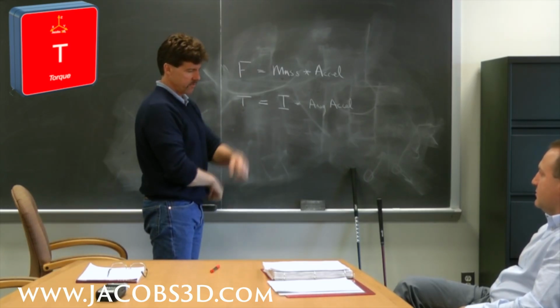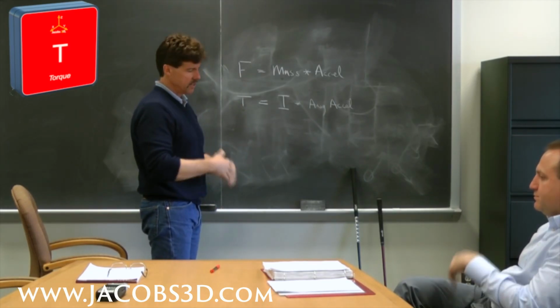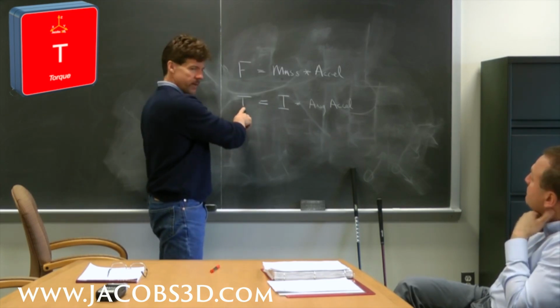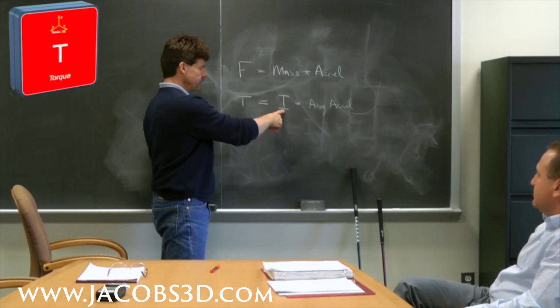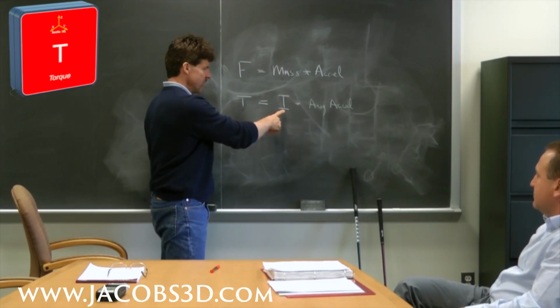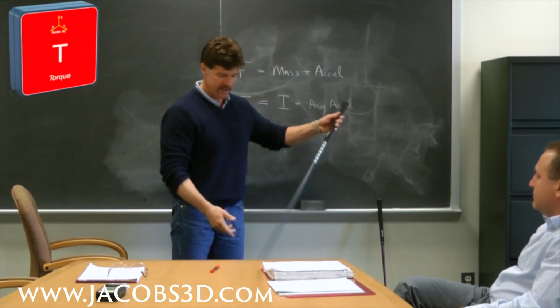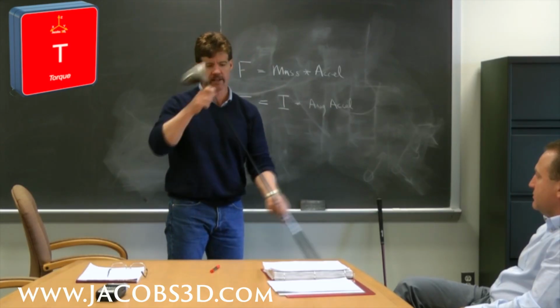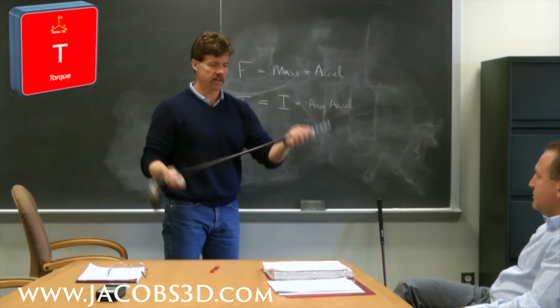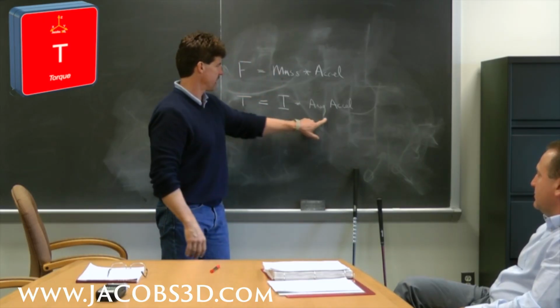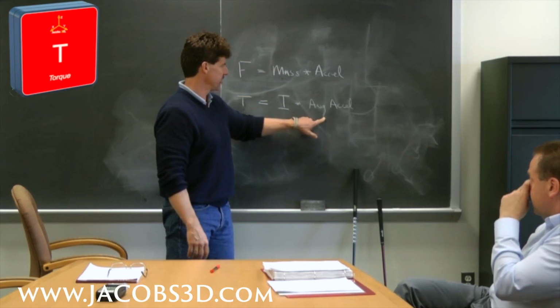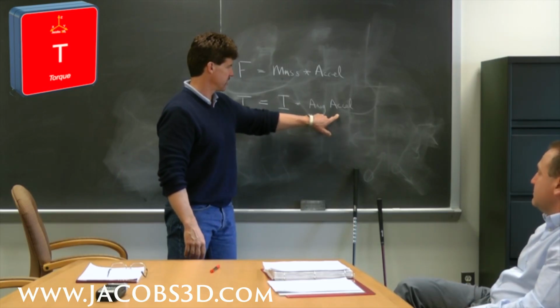So when you tighten something with a wrench, you're putting a torque on it. There's other ways to generate a torque, but basically it's a twisting force. It equals the inertia, which is the resistance to angular acceleration. So when you move the club like this, you're overcoming its inertia. And the kinematic response is the angular acceleration.